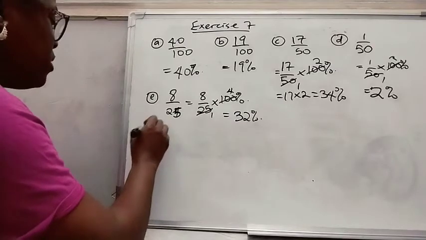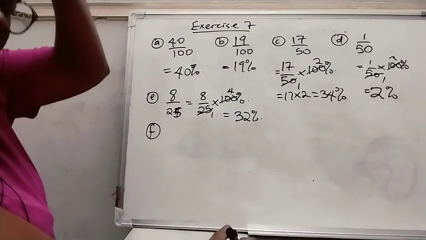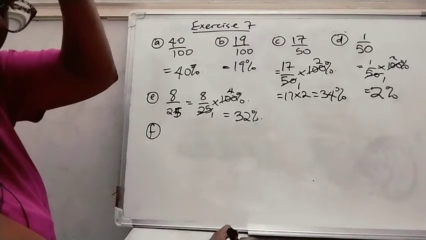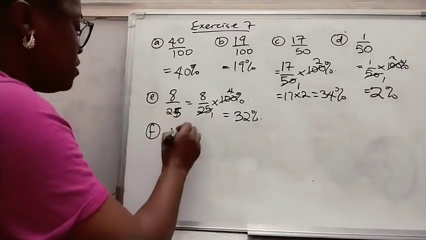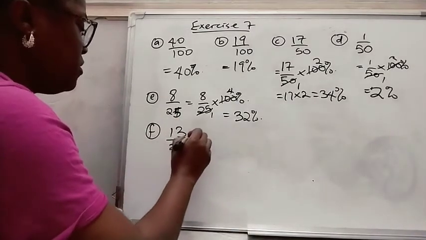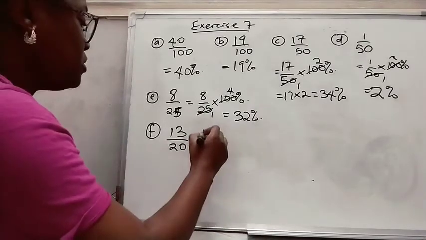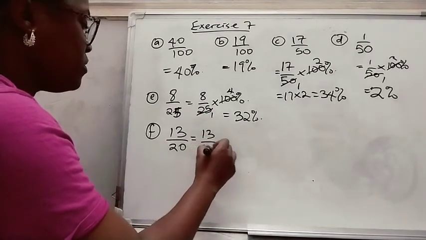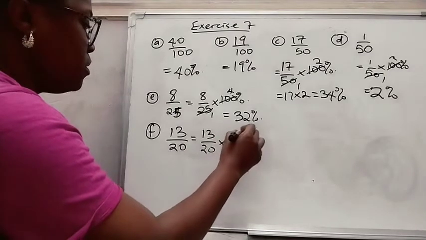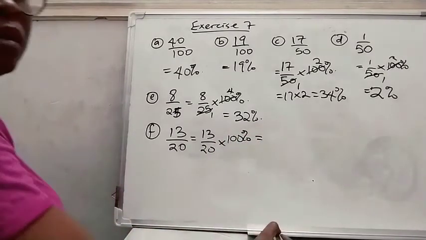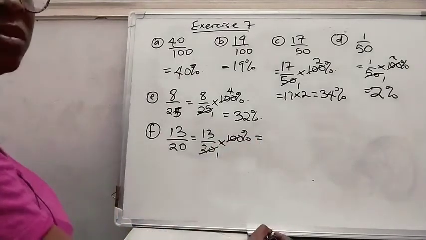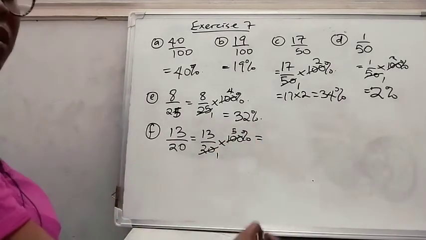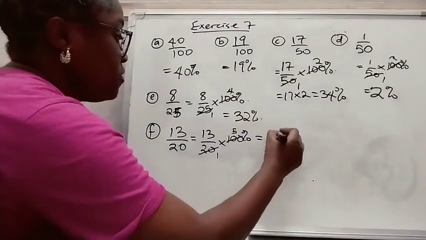So our F problem, it will be 13 over 20. So we'll simply multiply this by 100%. 20 goes into 20 1 time. 20 goes into 100 5 times. So 13 times 5 gives us 65%.